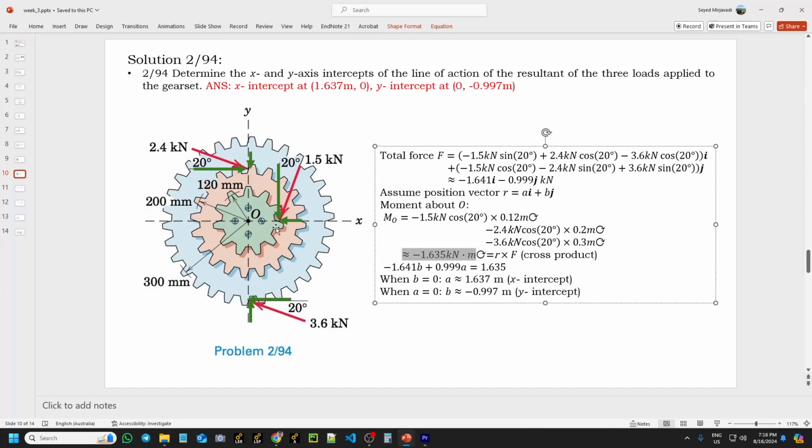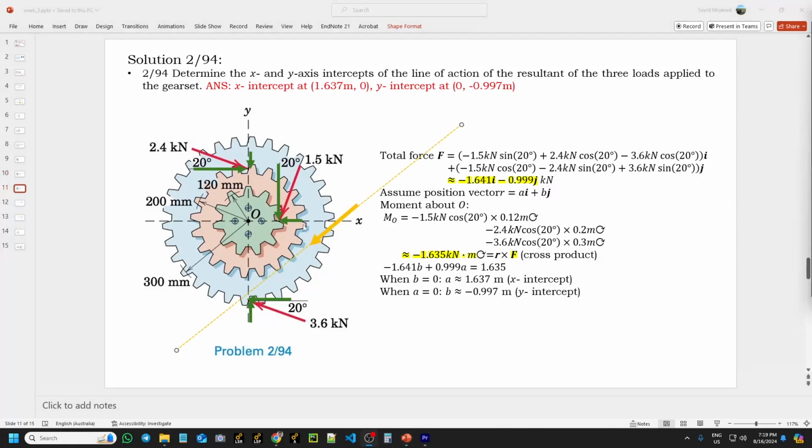So remember, we find the resultant force and the equivalent moment of all of the components at the point O. So this F is the resultant force that we have already, it should be in boldface because it is a vector, okay? So now you need to put the F here exactly and assume that R is AI plus BJ.